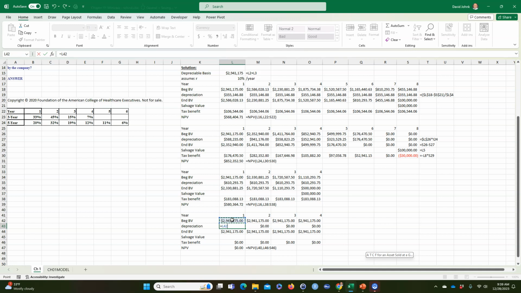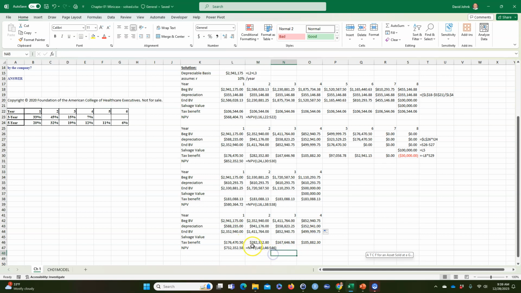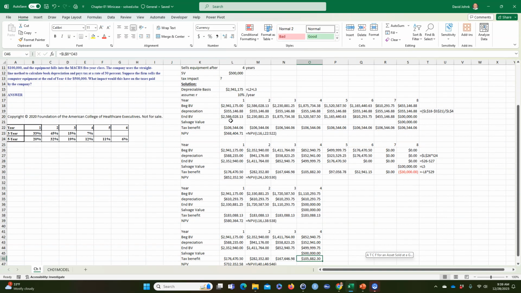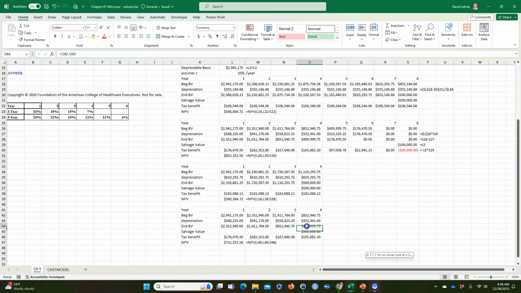Now I'm going to remember to F4 it, right? And it's going to be times that. We're going to still use this 5-year classification. And my salvage value is going to be equal to this. So again, it's not going to make any difference, right? This is some rounding error. So these are the same.